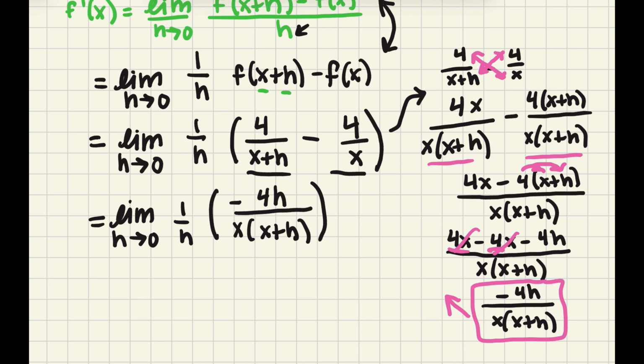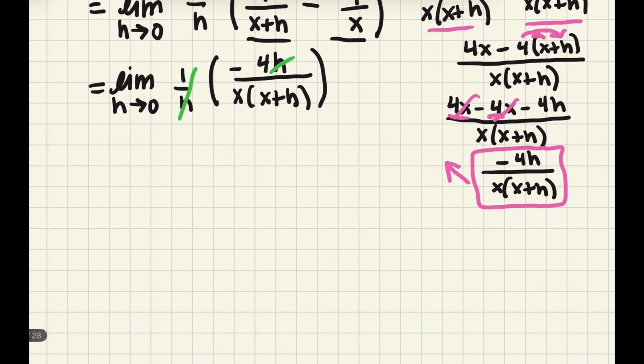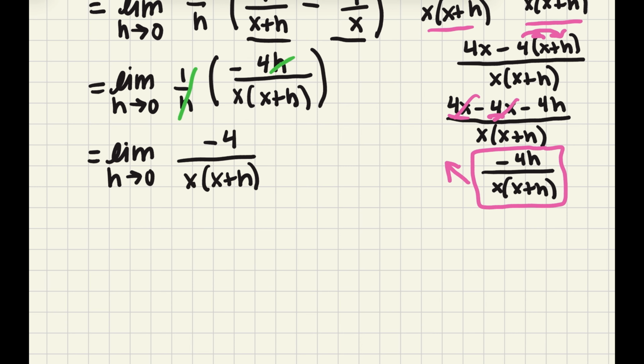Okay, so this 1 over h right here is going to get rid of this h up here. So we're going to be left with the limit as h approaches 0, negative 4 over x times x plus h.